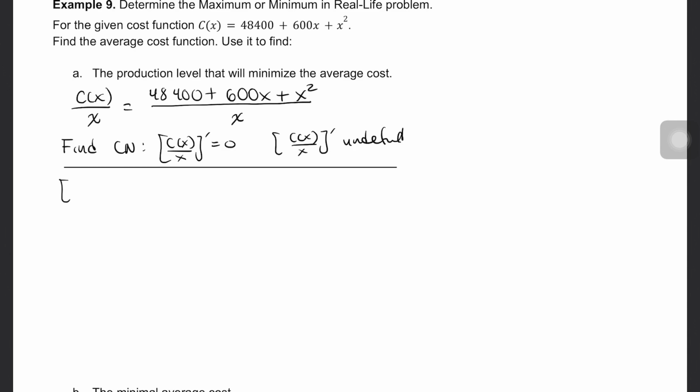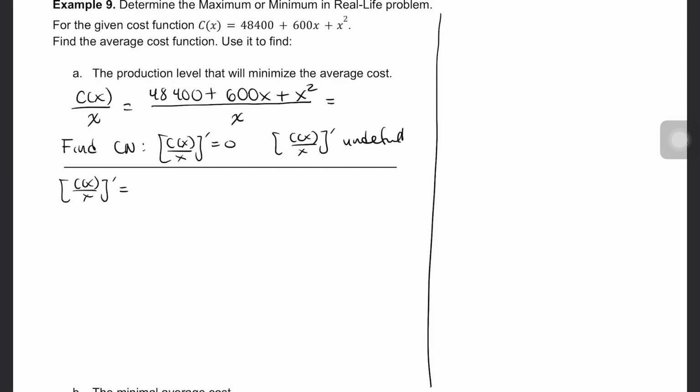So c of x over x prime is going to be, well, we have two ways to approach this. We can use the quotient rule, or we can simplify this real quick in a different way and then take the derivative of that. Either way, it should be fine. So let's just do the quotient rule.